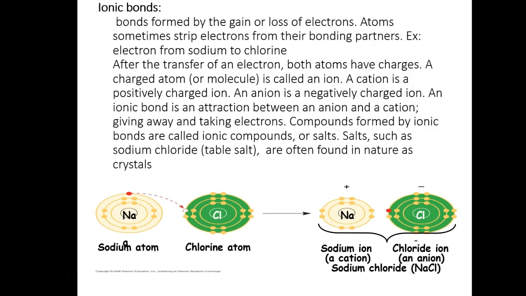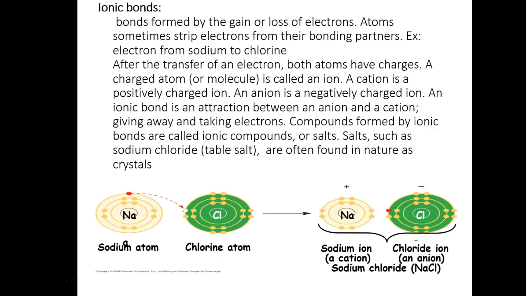The first one says sodium atom and then chlorine atom, but it's supposed to be chloride. It gives that electron over to the chloride atom, so basically it loses an electron. It then has a positive charge because it's deficient in one electron, and the chloride element then has a negative charge because it has one extra one.